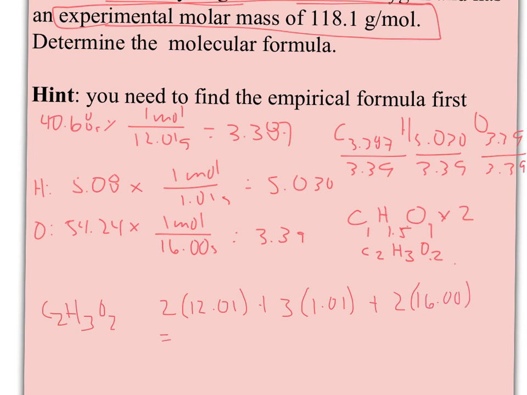So the molar mass of my empirical formula, the 2 times 12.01, the 3 times 1.01, plus the 2 times 16, gives me a mass of 59.05.